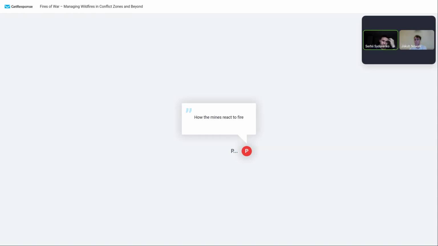It depends, because sometimes, according to the militaries with whom I discussed it, and I was also surprised about it, it depends on the type of mines and the materials used to make them, because some types of mines are made from plastic, others from metal, or a combination of both.